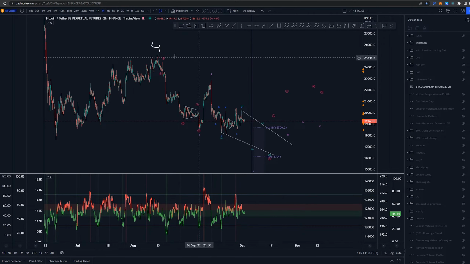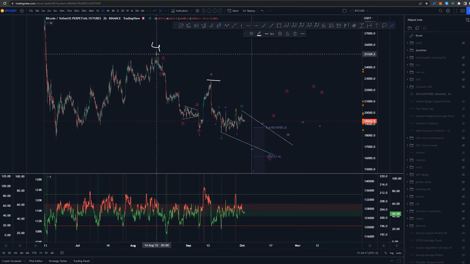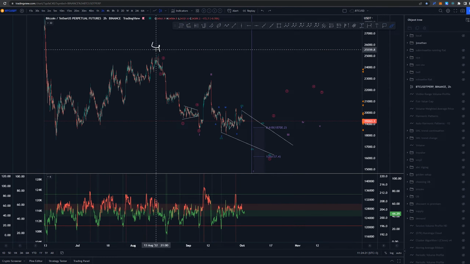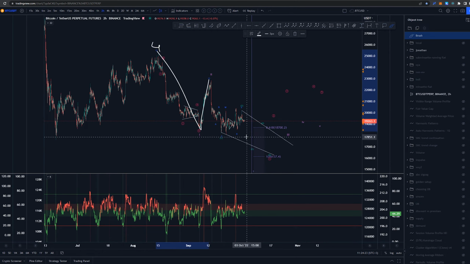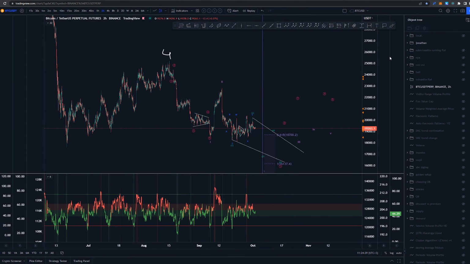The only invalidation is basically taking out this high here around 22.8k, and then the other invalidation is at this high, to invalidate the whole idea of having this as a wave 1 and 2. But yeah, that is just the reasoning and why I've used this 1-to-1 here and what it really represents. But those are the higher time frame structures that I'm tracking still.